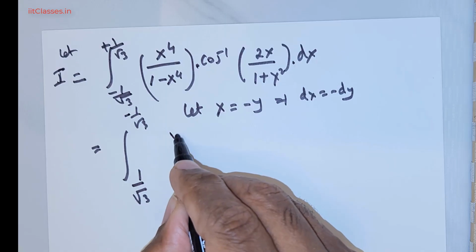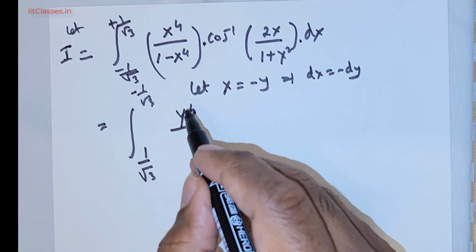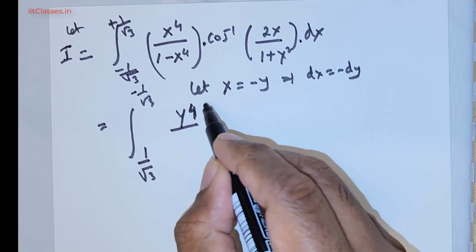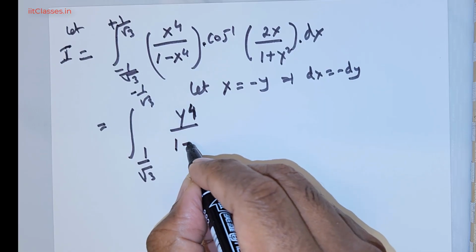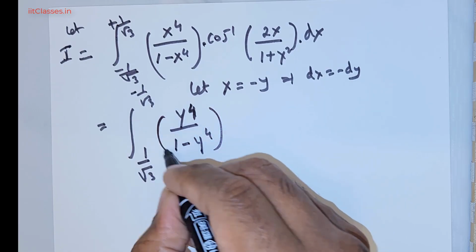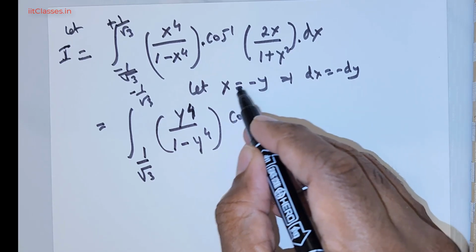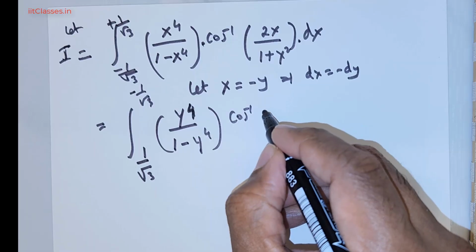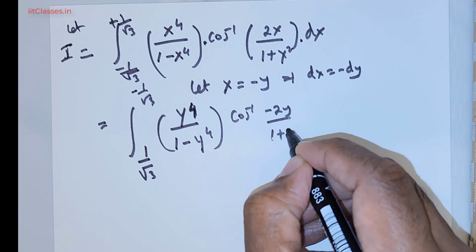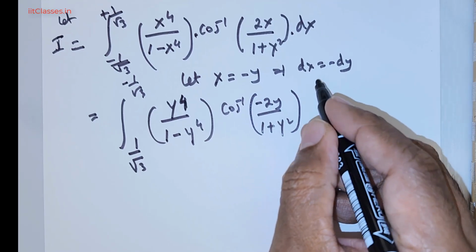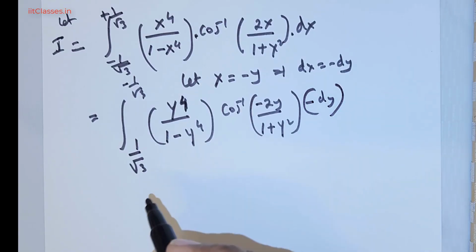Of course, over here you are still going to have y raised to the power of 4. There is not going to be any impact with regard to the negative sign because of the degree being 4, followed by 1 minus y to the power of 4, multiplied with cos inverse of negative 2y divided by 1 plus y squared, and dx is negative dy, so you have a negative sign there.